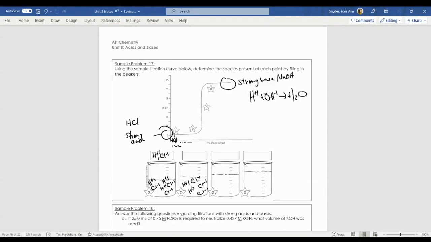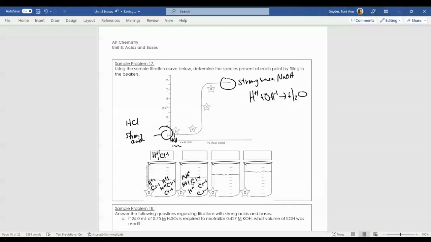However, if you look at this beaker, you'll notice that the sum of your charges doesn't equal 0. I have 2 positively charged ions and 3 negatively charged ions. Where's the other positively charged ion? You have to consider your spectators. So this is my other sodium ion that's coming in. Why a sodium ion?